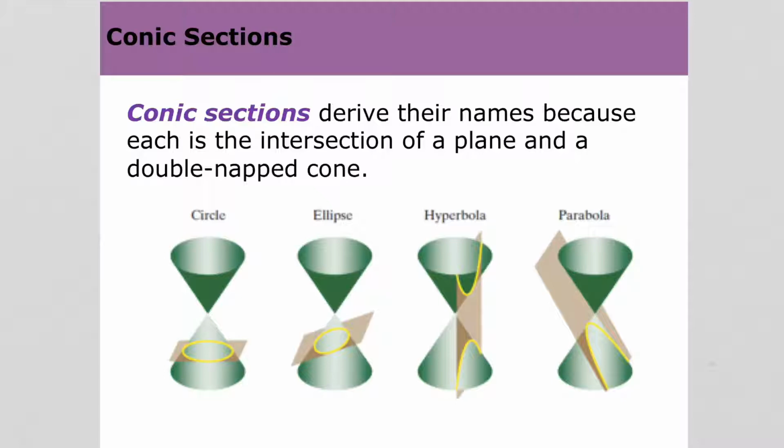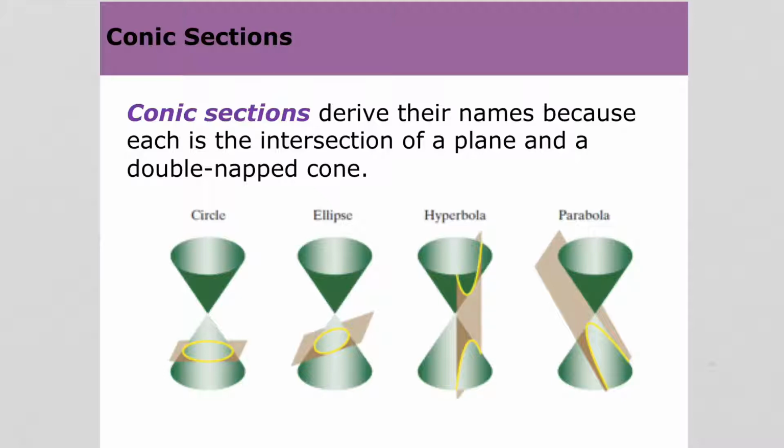So an ellipse is when you're intersecting the cone, but you're not going outside of it. So you're going completely around the cone, and you get your ellipse, which is an oval. The parabola is when you're intersecting just one cone, but it's exiting through the base or the top of the one, so that you end up with just part, I guess you could say, of an ellipse, but the parabola continues on forever.